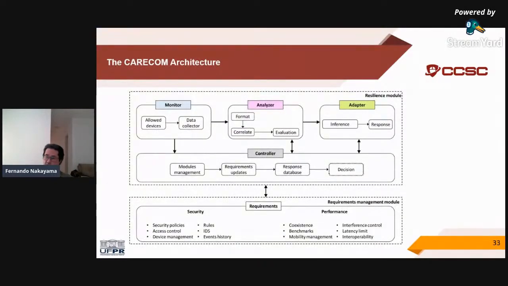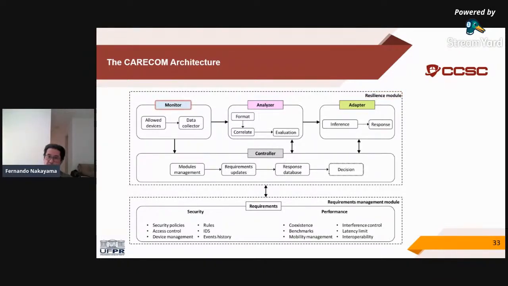Contemplating the CareCon architecture, the resilience module is responsible for monitoring and identifying threats and providing adaptive solutions based on the essential services requirements. It comprises 4 independent components: the monitor, the analyzer, the adapter, and the controller, that represent the architecture capabilities to prevent, mitigate, and adapt to the emerging threats.